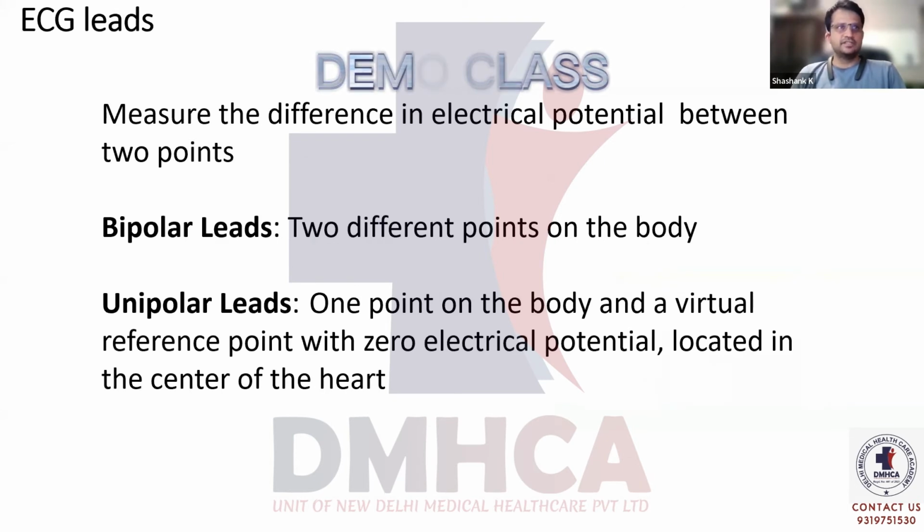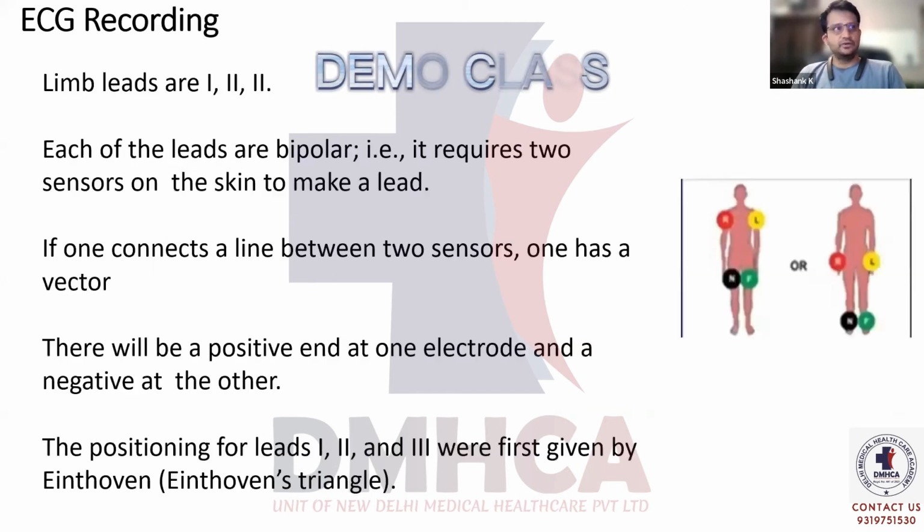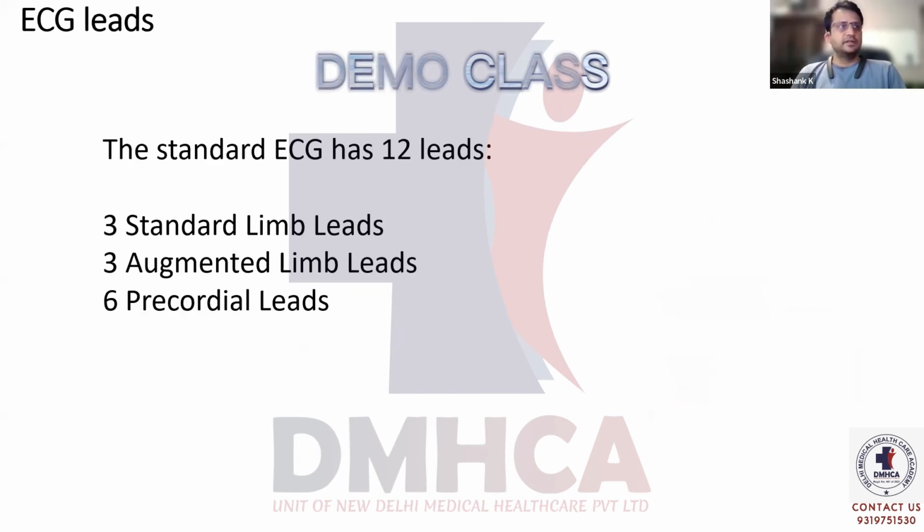Bipolar and unipolar leads. We look mainly at bipolar leads. ECG, as you know, the 12-lead ECG is the one that we relate to most often.